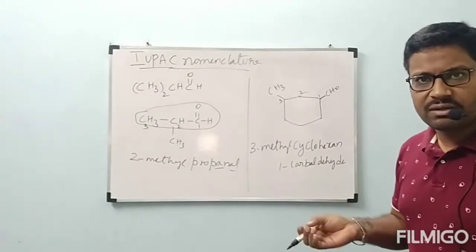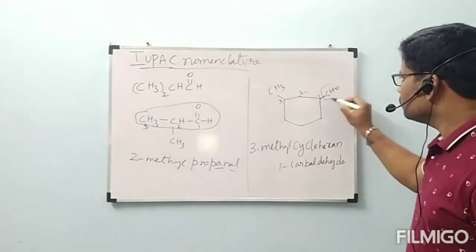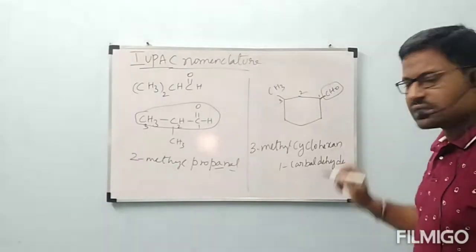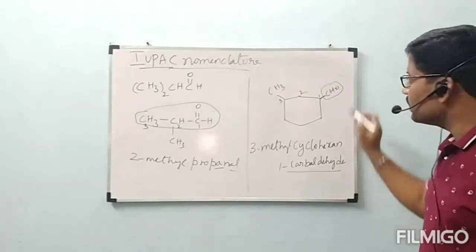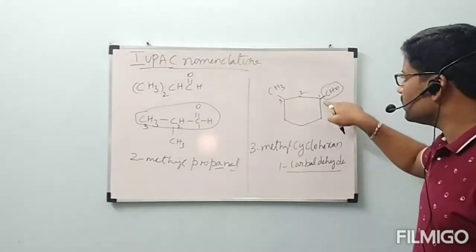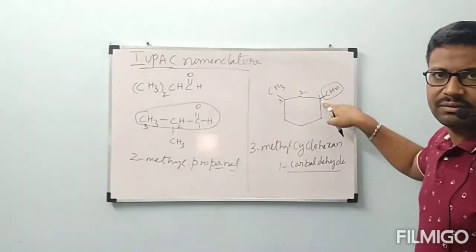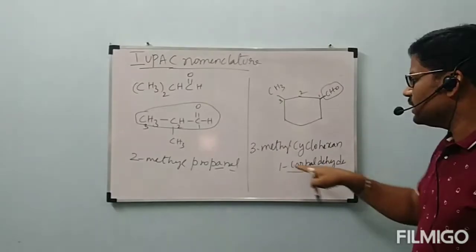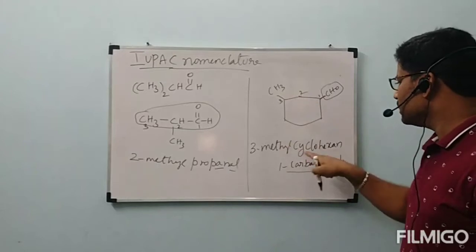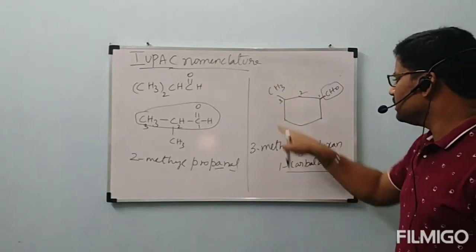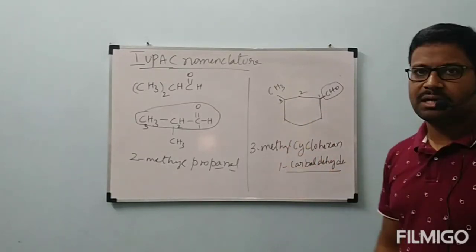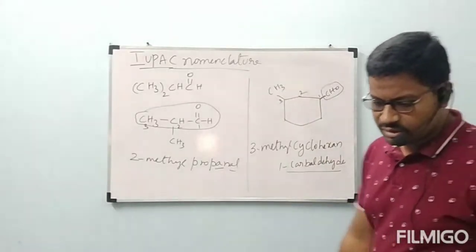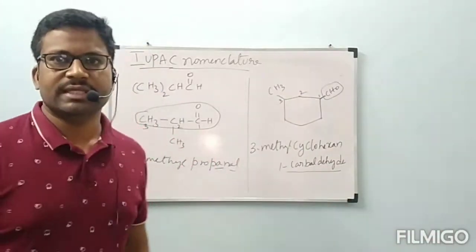So it is treated separately as a functional group called carbaldehyde. It is present on the first carbon, so 1-carbaldehyde, on the parent chain cyclohexane, 3-methyl. 3-methyl cyclohexane 1-carbaldehyde is the name of this compound. Is it clear now?